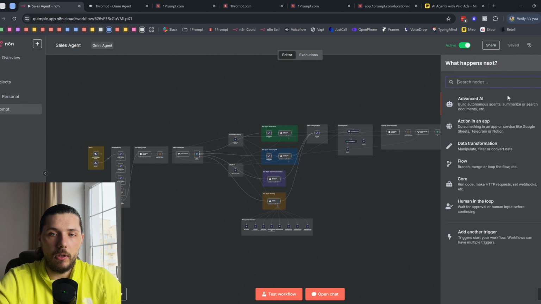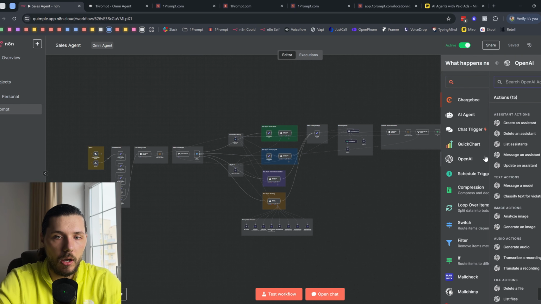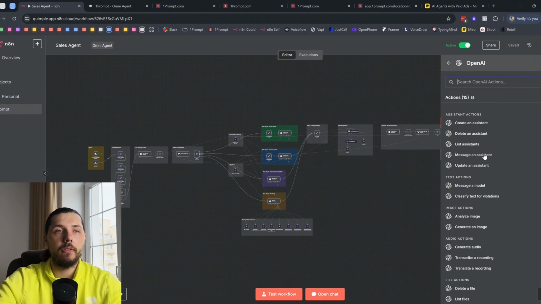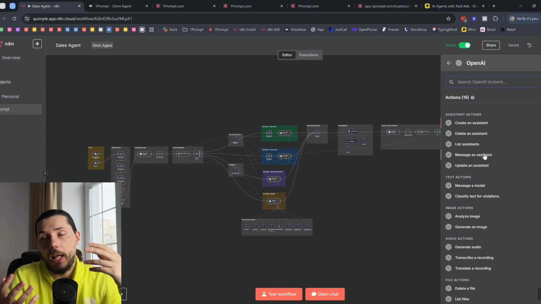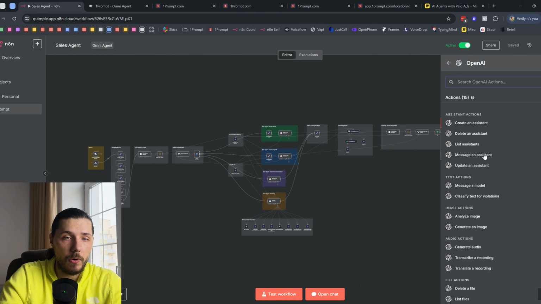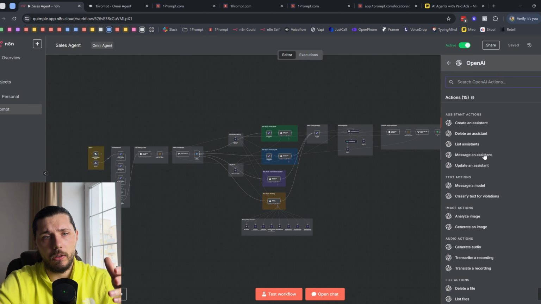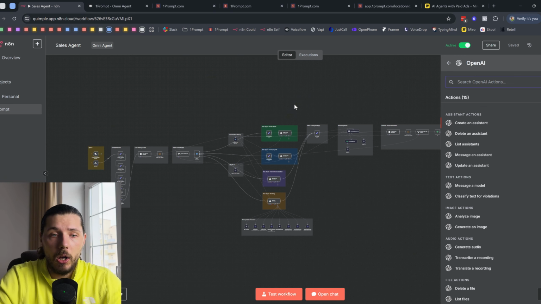Here, you can just use a simple ChatGPT module where it will analyze and then identify if this prospect qualifies or not. Again, it's a simplified way. You can use a custom GPT that you create, or you can use an actual agent with the knowledge base within the N8N.